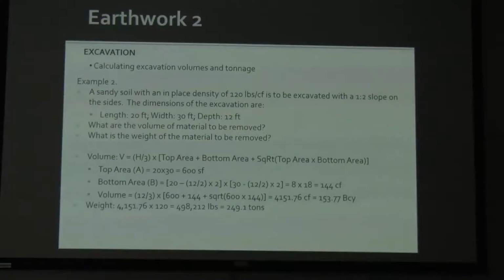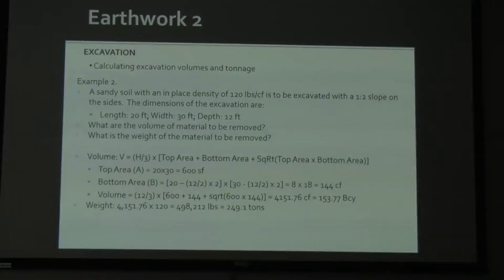So our top area is 20 times 30. That's 600 square feet, and the bottom area is going to be 20 minus 12 over 2 times 2, times 30 minus 12 over 2 times 2, which is equal to 8 times 18, 144 square feet.